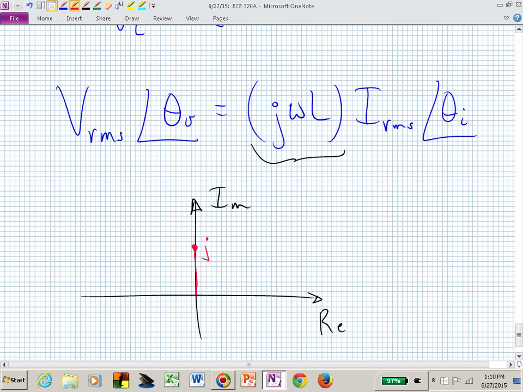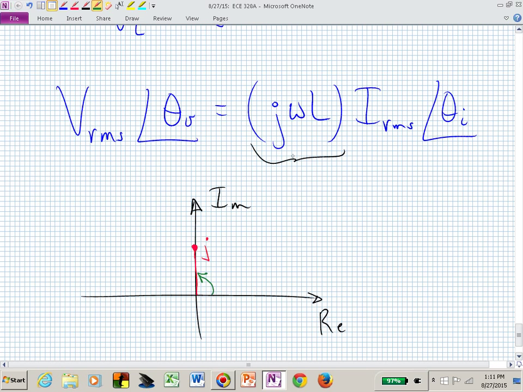There is j. If I now want to write that in terms of magnitude and angle, and I'm measuring all of my angles relative to this horizontal real line going off in the positive direction, what's that angle? 90 degrees.